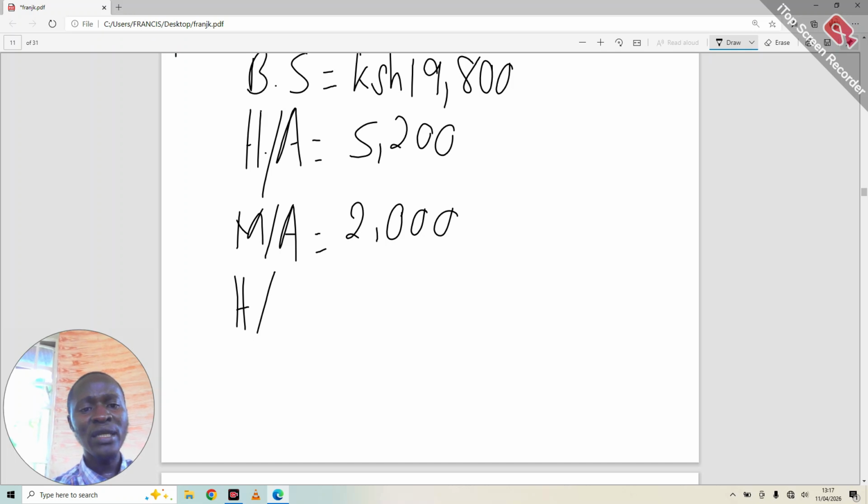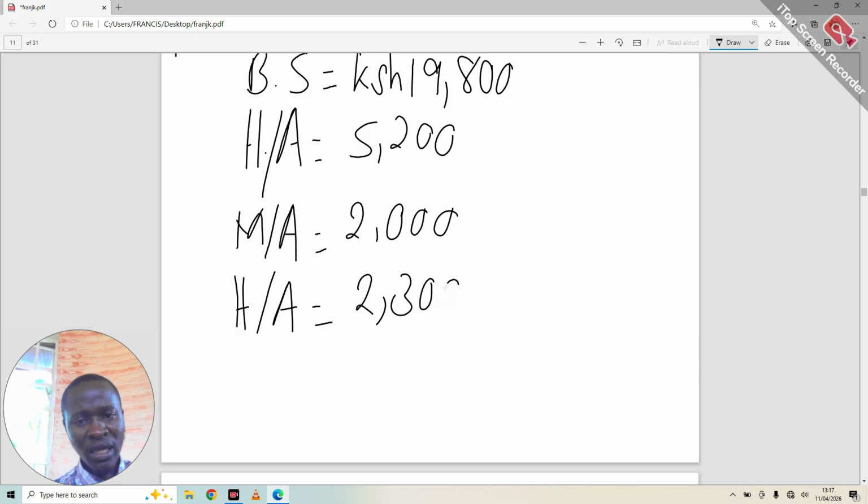Hardship allowance was 2,300 Kenyan shillings. Patel was entitled to a monthly tax relief of 1,056 Kenyan shillings. The first part of the question: calculate the amount of income tax that he paid in June.